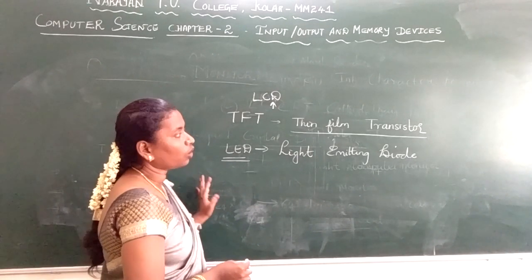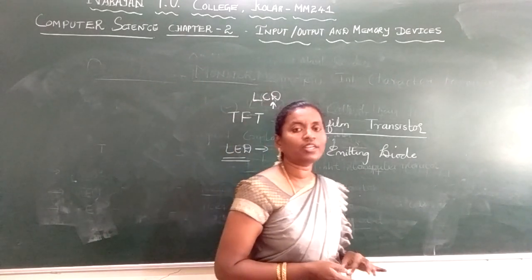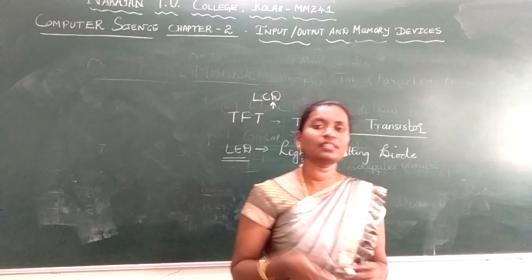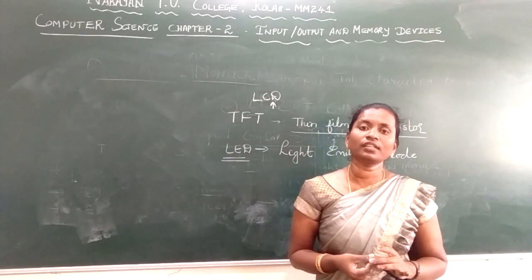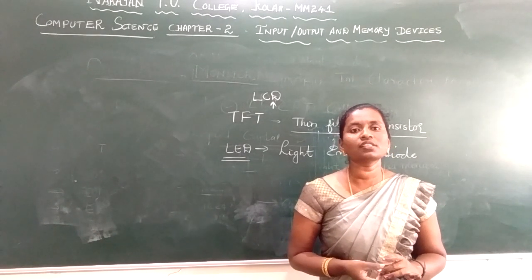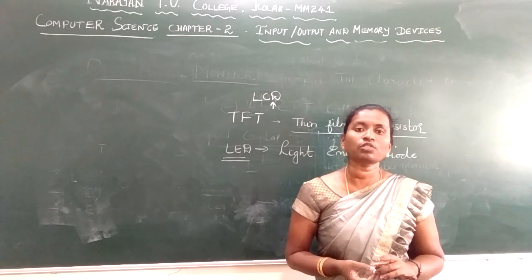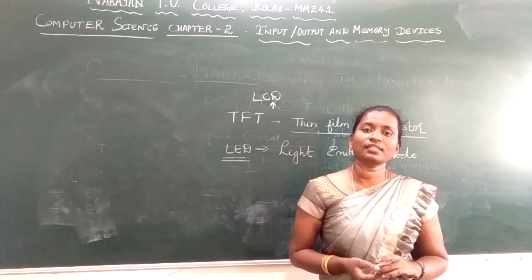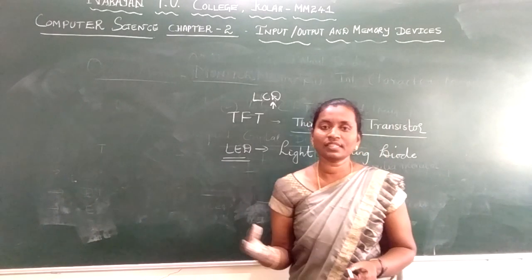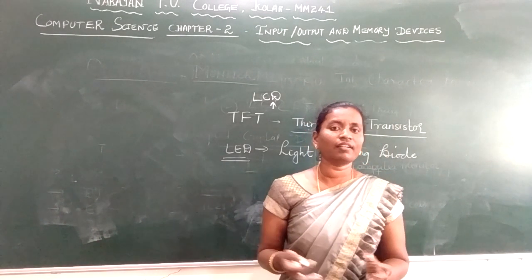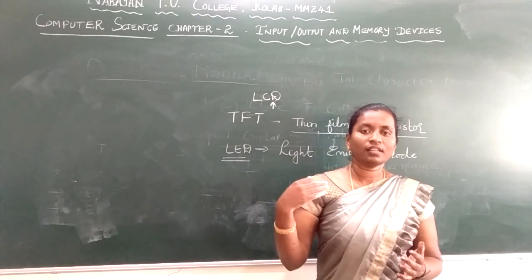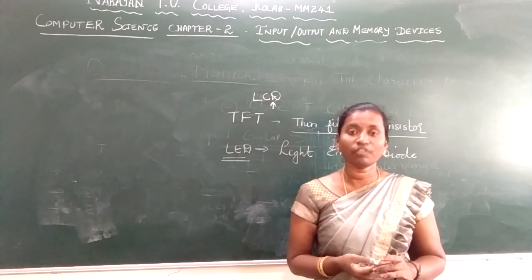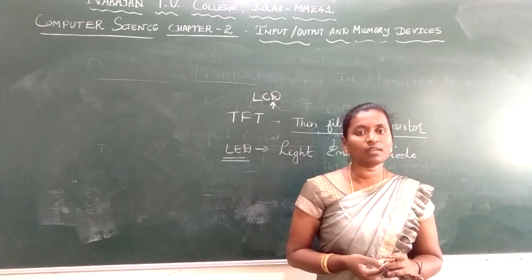Okay, so I repeat, what are the types of monitors we are seeing. Before that, I will just revise what a monitor is and why we use it. Monitor is one of the widely used output devices. The system has to display the information in human understandable languages like English, Kannada, the regional languages.